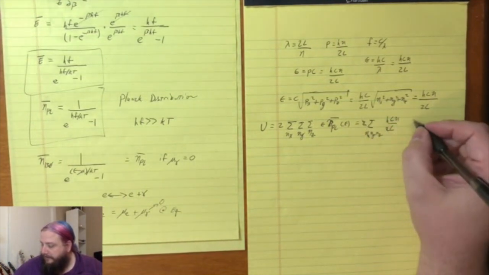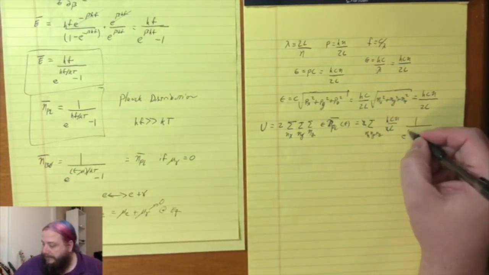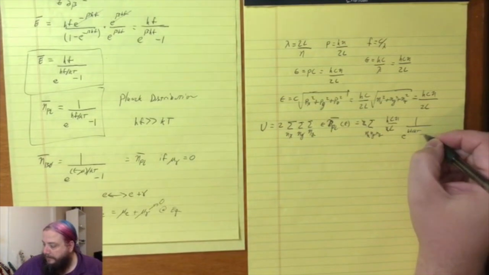So that's the energy times the Planck distribution, 1 over e to the hf over kT minus 1.